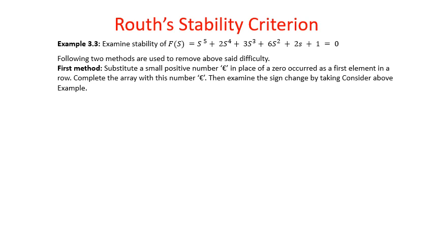First method: substituting a small positive number, that is epsilon, in place of 0 occurring at the first element in the row, and then complete the array with this number epsilon, or a small e also we write here. Then examine the sign changes by considering the above example.